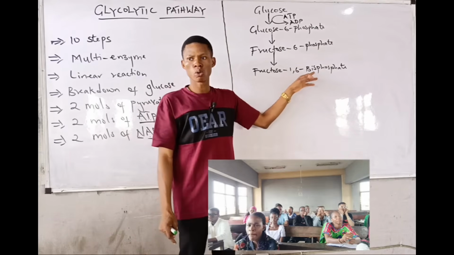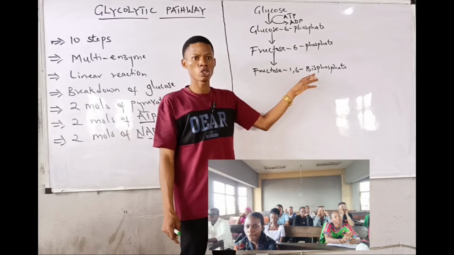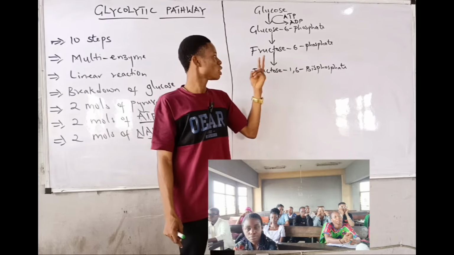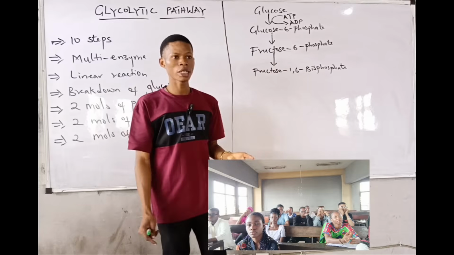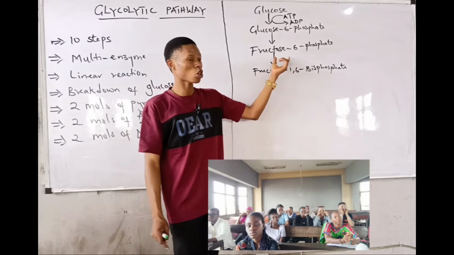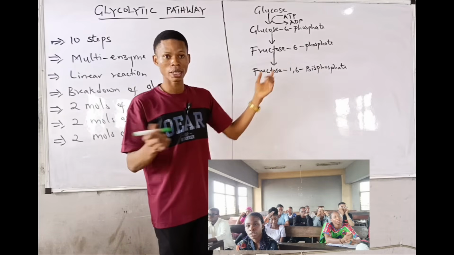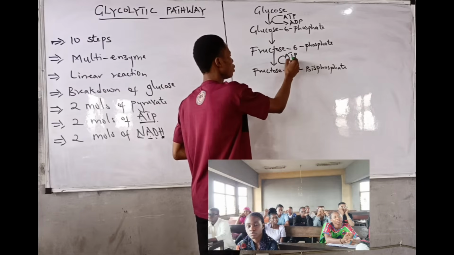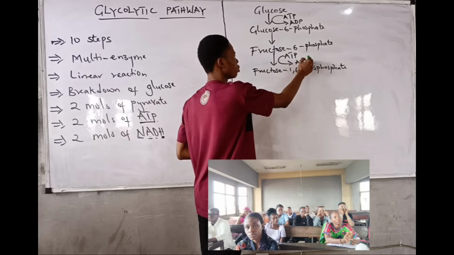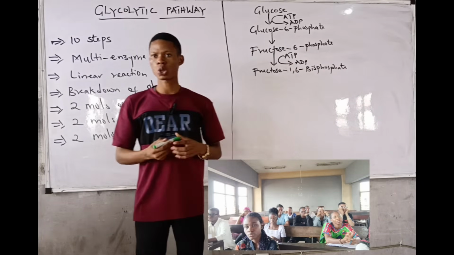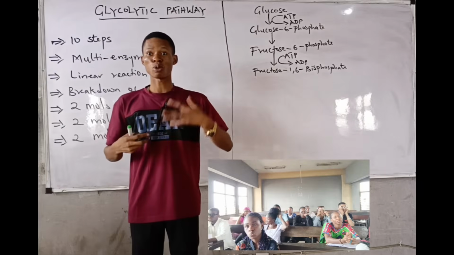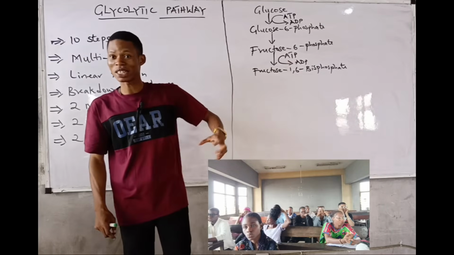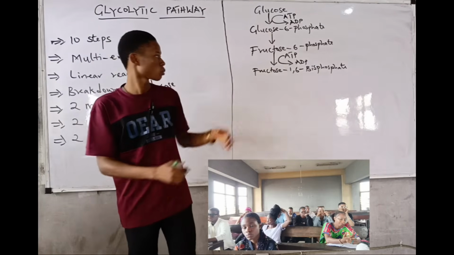One is on position 1, and the other is on position 6. But again, we don't do magic. Where are we getting the second phosphate group from? Again, from ATP. So ATP is coming in again and leaving as ADP. Good. How many ATP have we used so far? We are supposed to be producing it, but we are using ATP at this beginning part.